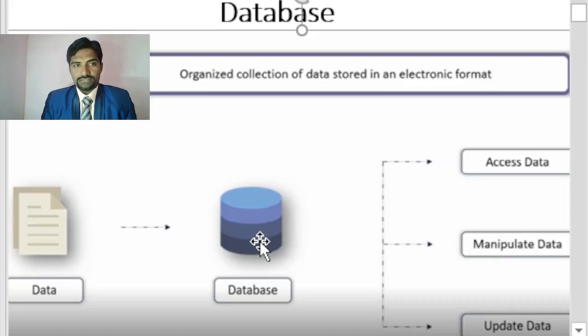We know tables have rows and columns. We can do some operations in the database. What operations can we do? We can access the data, we can manipulate the data, and we can update the data with the help of some software that is called a database management system.